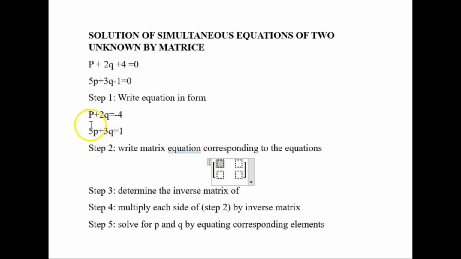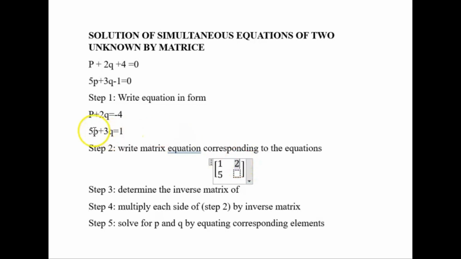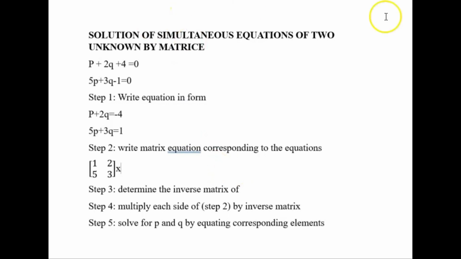We have the coefficient of P is 1, the coefficient of the other P is 5, then the coefficient of Q is 2, the coefficient of the other Q is 3, times PQ.